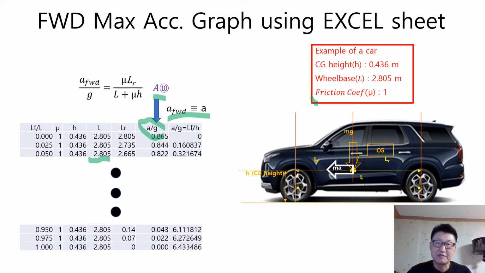Then we can draw the graph using these two columns. It's a column for the ratio of L sub F to L, and the column for the ratio of A to G.